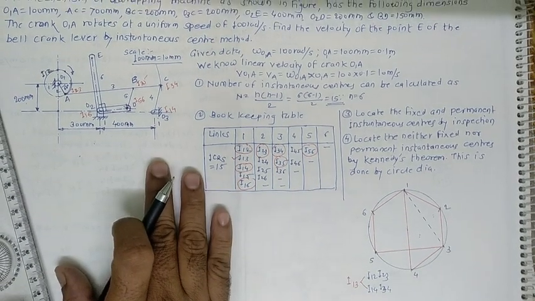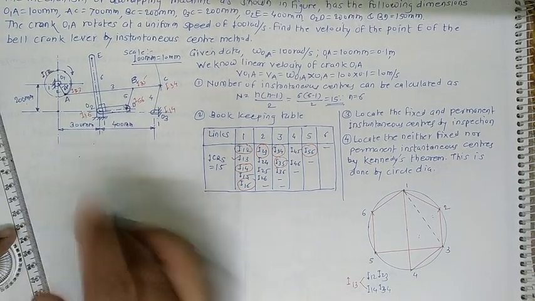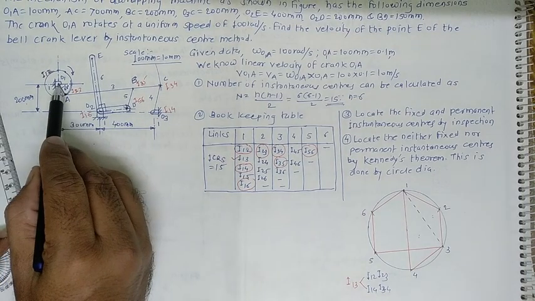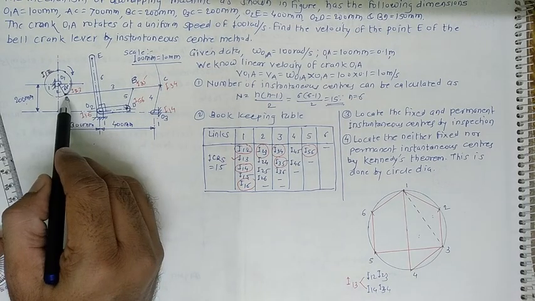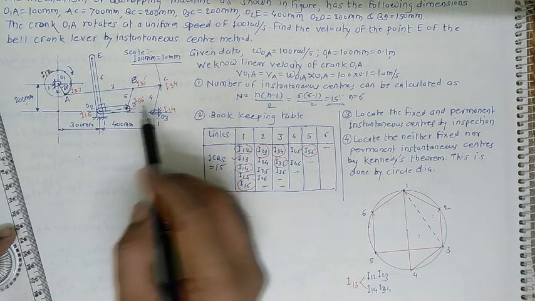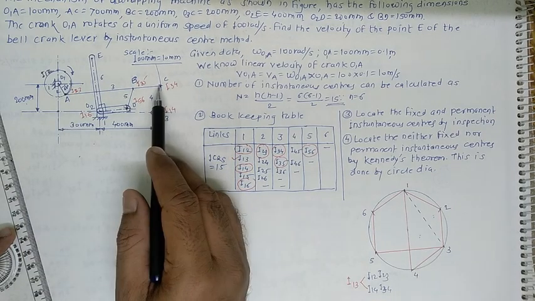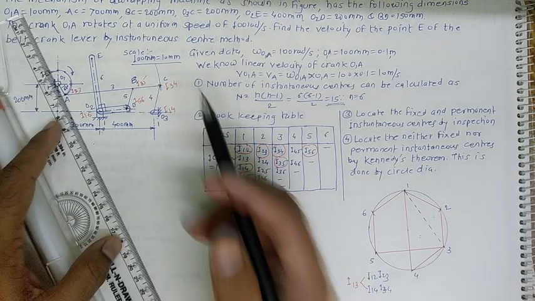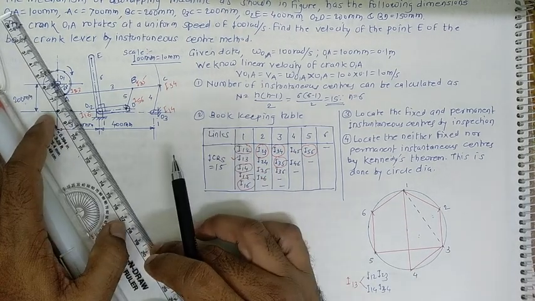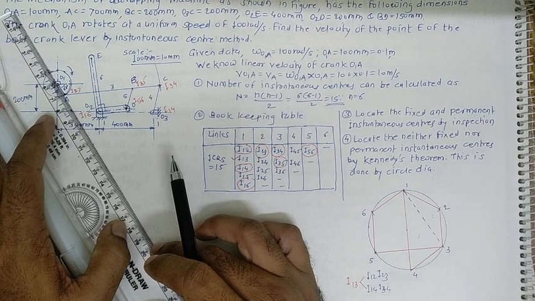Now just find out these points on this diagram. Here I12 is here, I23 point is here, I14 point is here, and I34 point is here. Easily we can get that point by extending this line at the back side.